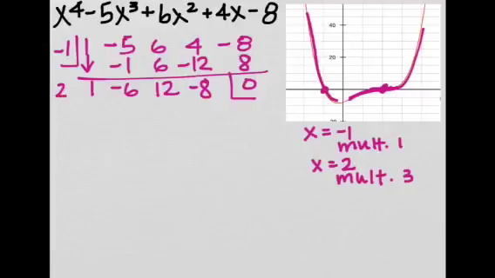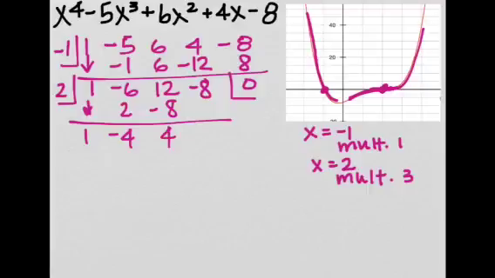Now let's check 2. And remember, since we're expecting 2 having a multiplicity of 3, we're going to do the synthetic division 3 times using 2. So bring down the 1. We have 2, negative 4, negative 8, 4, 8. So works 1 time. Let's try it a second time.